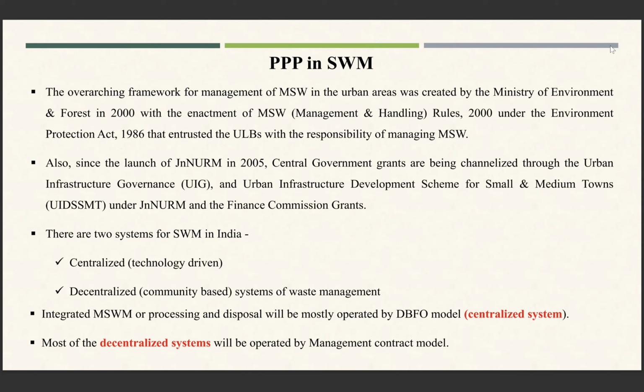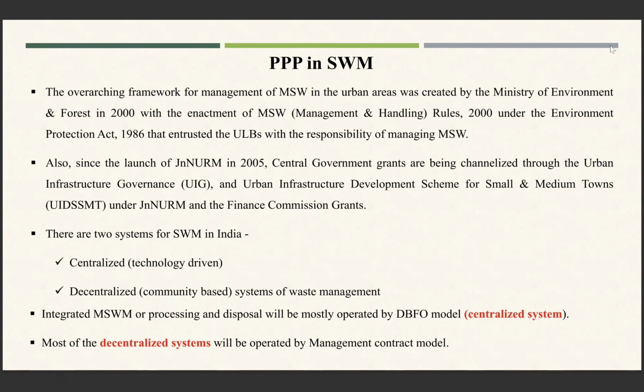The overarching framework for management of municipal solid waste in urban areas was created by the Ministry of Environment and Forest in 2000 with the enactment of the Municipal Solid Waste Management and Handling Rules 2000 under the Environment Protection Act 1986, which entrusted the ULBs with the responsibility of municipal solid waste. And there are two systems for solid waste management in India. The first one is the centralized technology-driven system, and next is the decentralized community-based system of waste management.